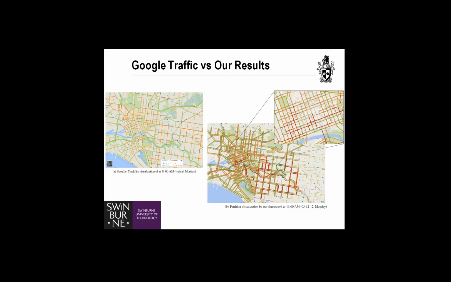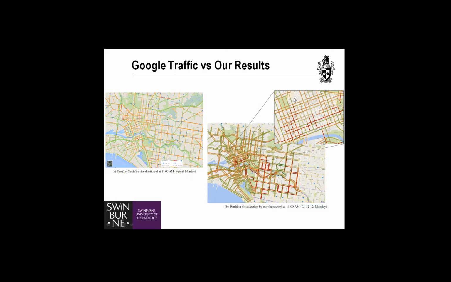This information is not clear in the Google Traffic visualization. In our visualization, we are able to show how a congestion is spread, or how many different congestions are there at the moment in the network.